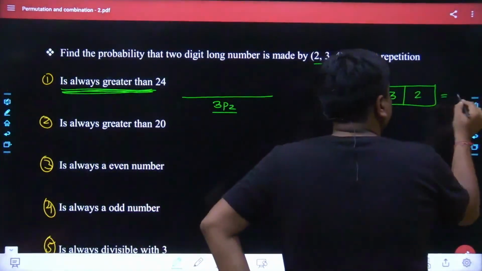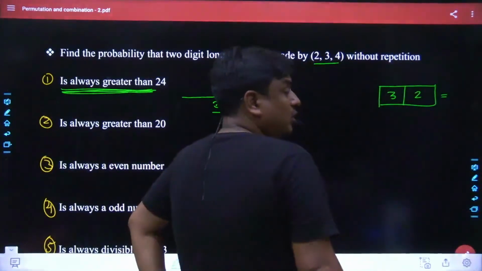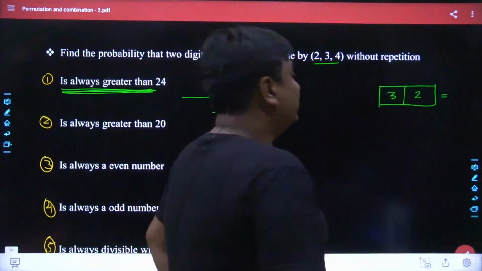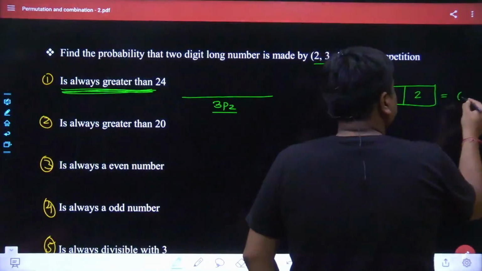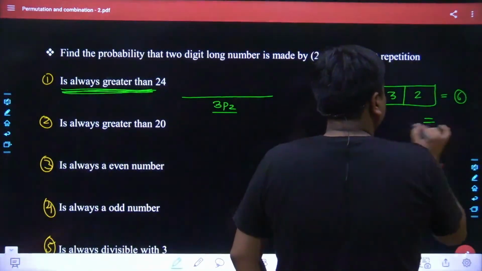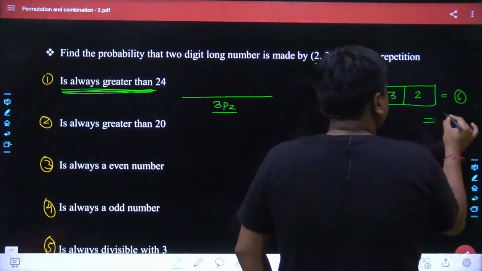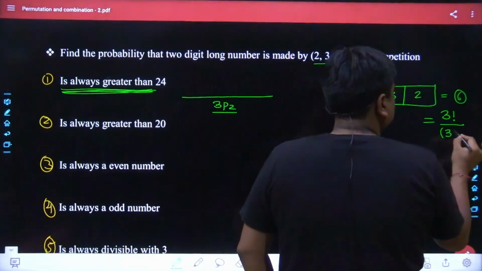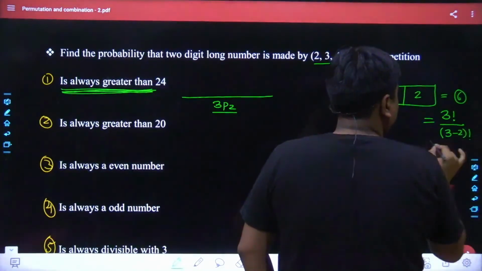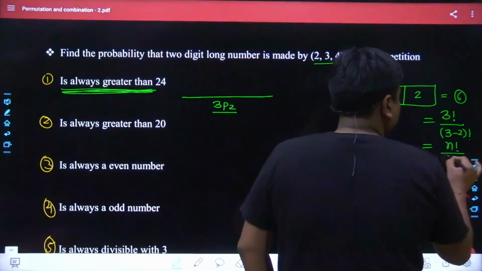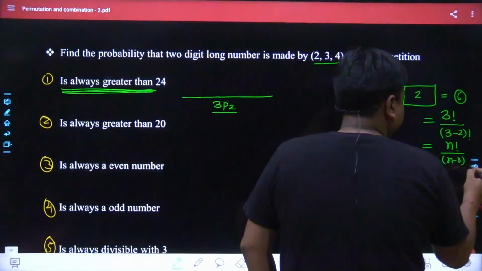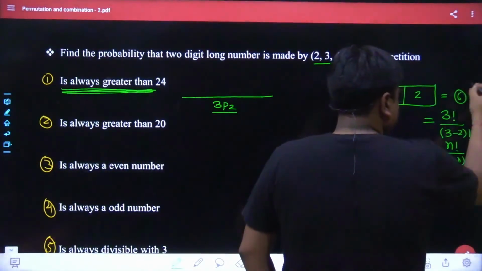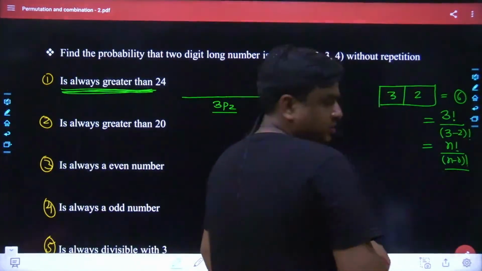So the number of ways is 6, and that could also be written as 3 factorial divided by (3 minus 2) factorial, or n factorial over (n minus r) factorial, and that stands for permutation.